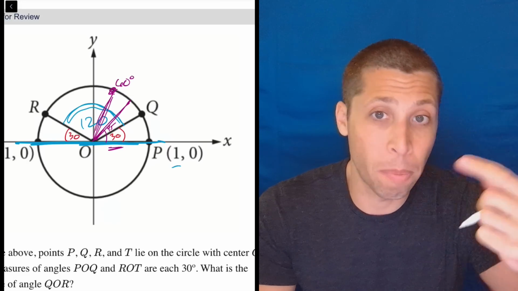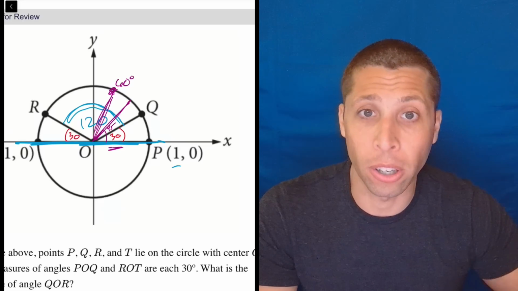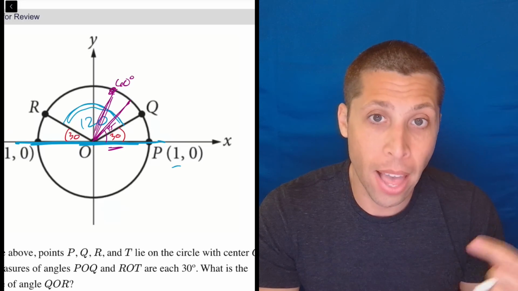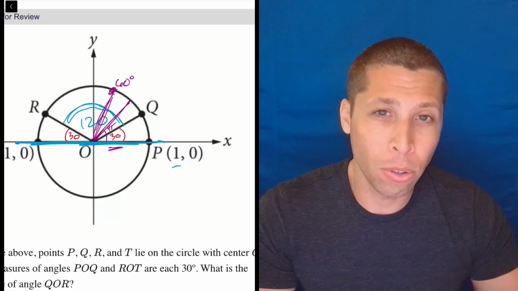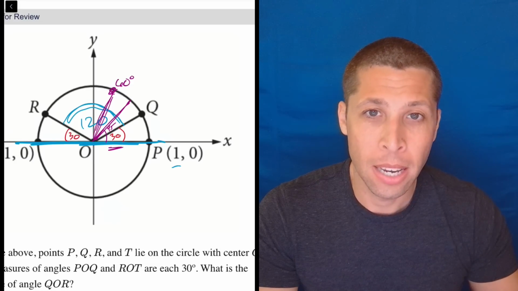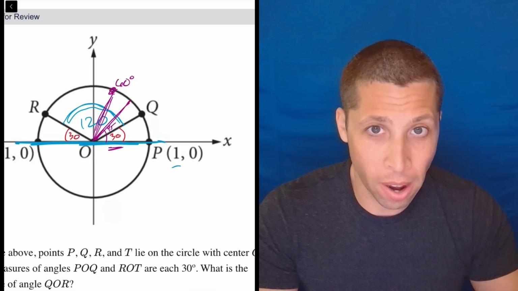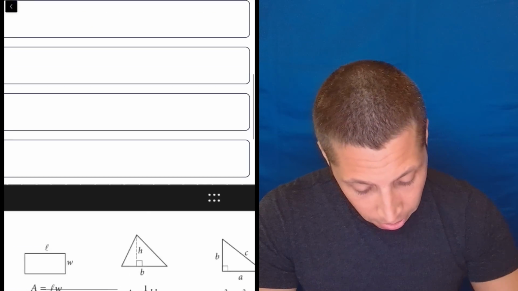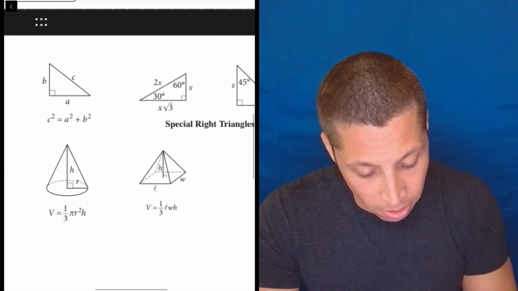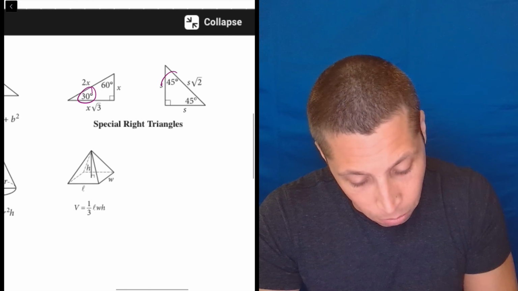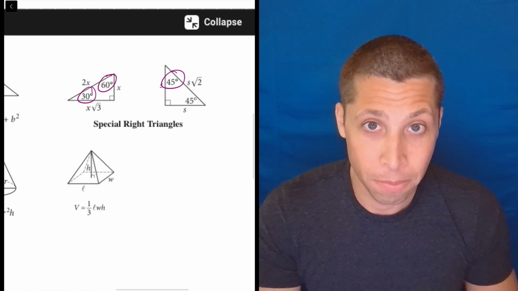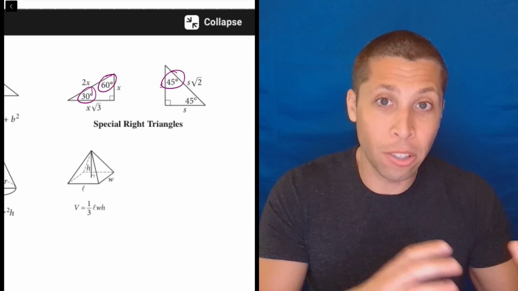Those are the things you're memorizing if you memorize the unit circle and you're memorizing the points that go with those. Why don't you need to memorize that for the SAT? Because 30 degrees, 45 degrees, 60 degrees are in the reference chart. There's a reason these are special right triangles.